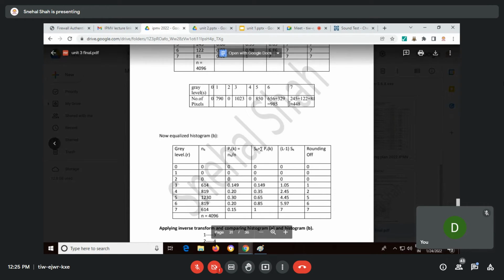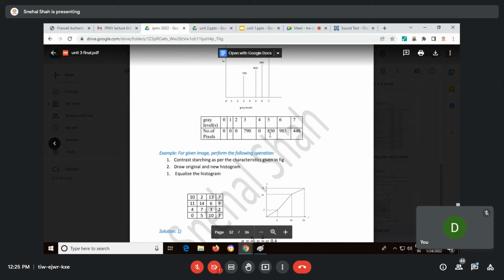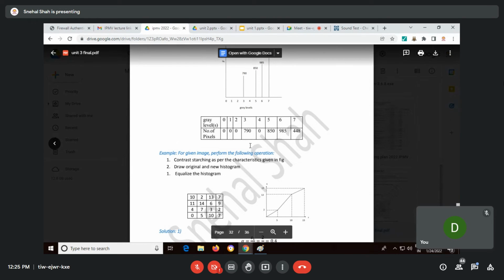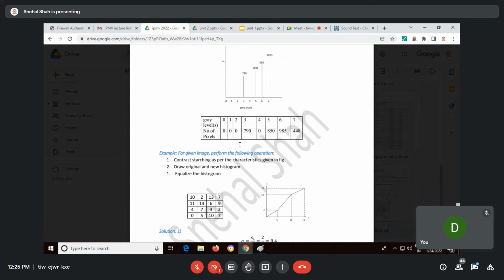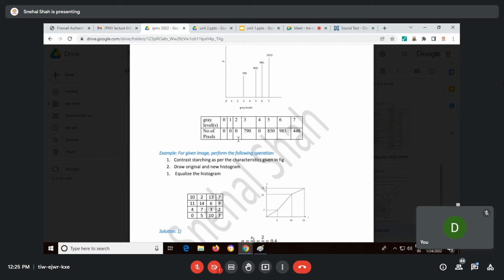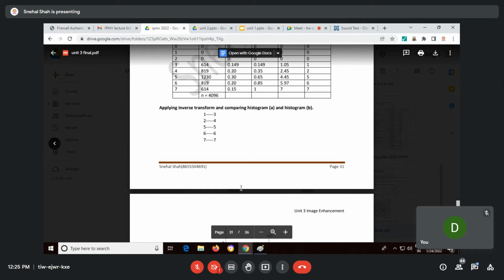For the 7, write down the 448. So you are getting all these values in the histogram B. These all values you have written from the equalized histogram A. So this is your final answer. Understood? Yes, ma'am, understood. Okay, fine.